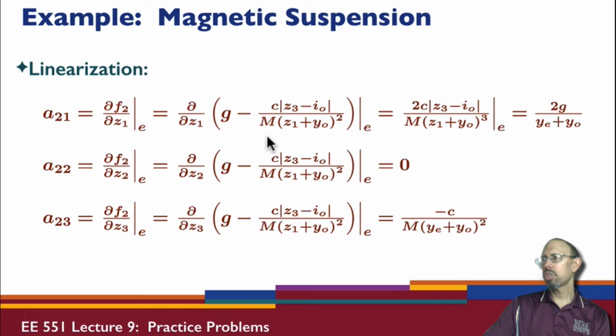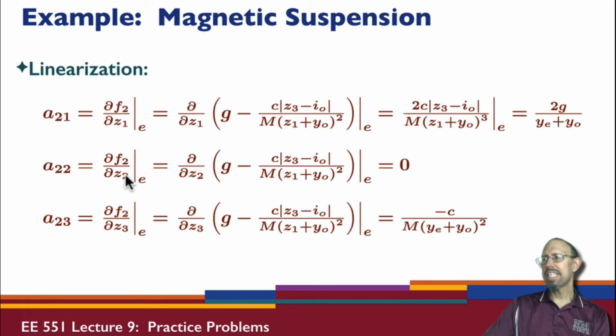So when we take the partial of all this with respect to z1, I get this expression. Notice that it went from squared to cubed, and the g term went away. And now we evaluate at the equilibrium condition, that is, when z3 is equal to z3e and z1 is equal to z1e. When I plug those values in and simplify, it boils down to this quantity.